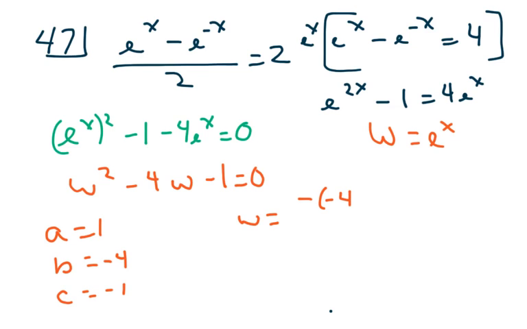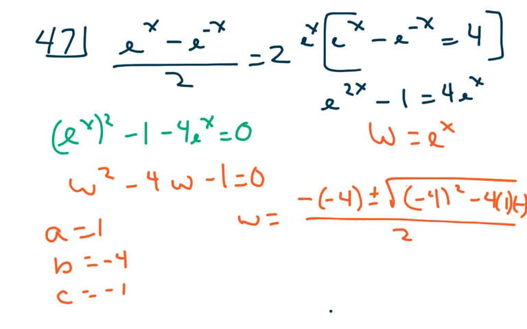-4 plus or minus square root of, no, what am I doing? Negative 4 squared minus 4 times 1 times negative 1, all over 2, which yields 4 plus or minus root 20 over 2.